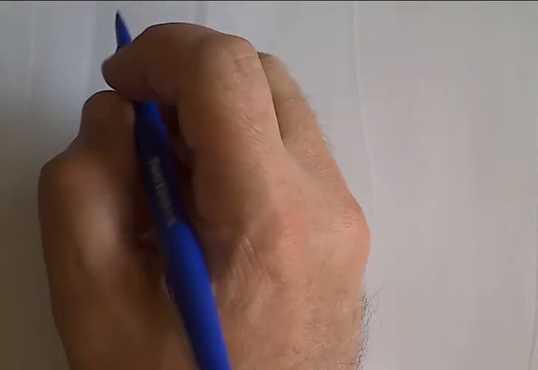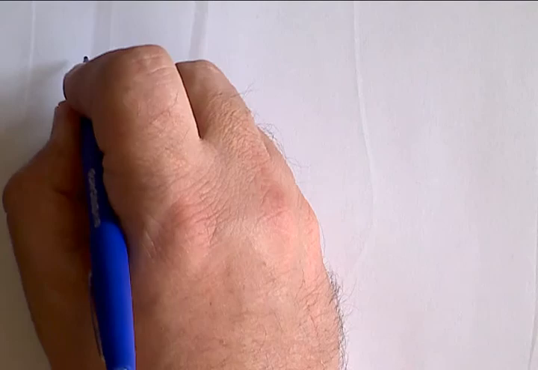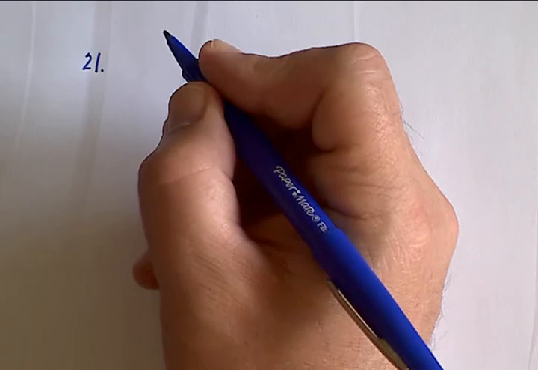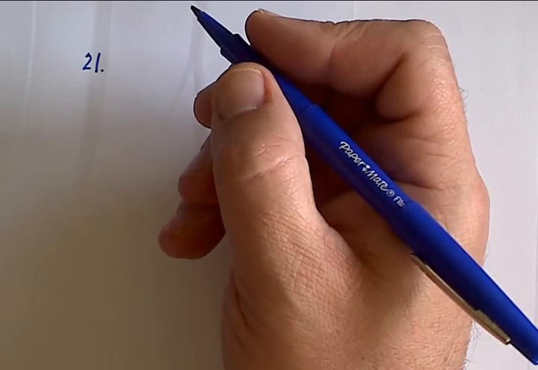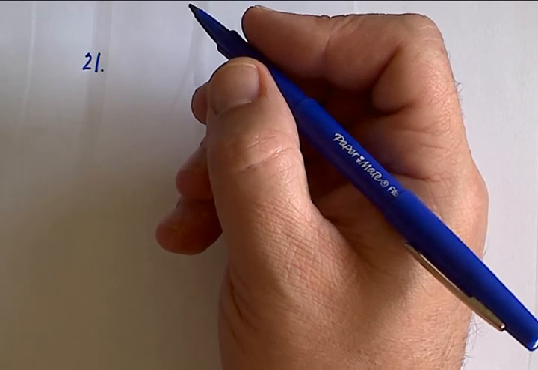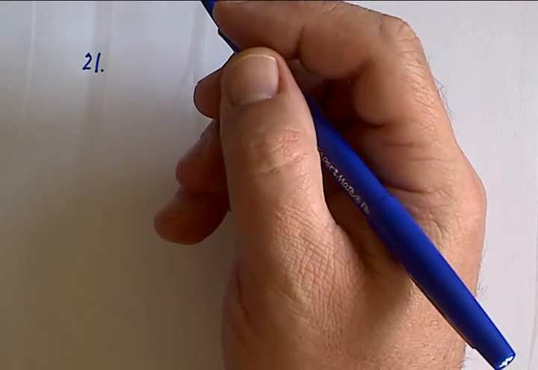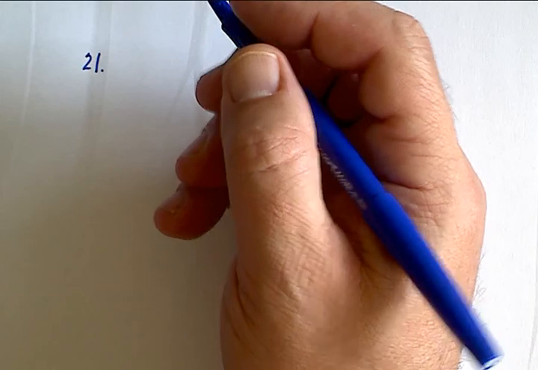Question number 21. How do I find all the zeros for a function? Now, 20 can be done by factoring, just so you know. 13 or 19 is going to be a lot like 21.